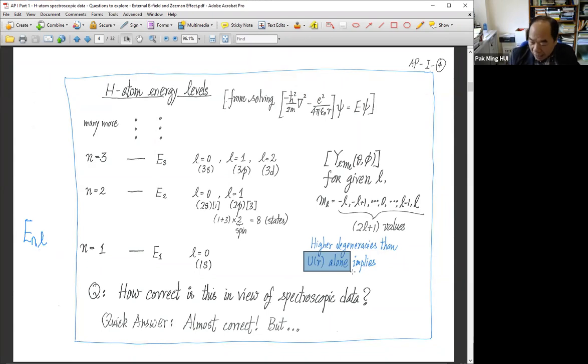But now in hydrogen, accidentally, it's not even depending on L. It only depends on N. Okay, that is a very special thing about the Coulomb form, this one.